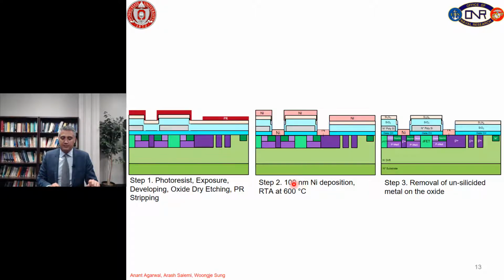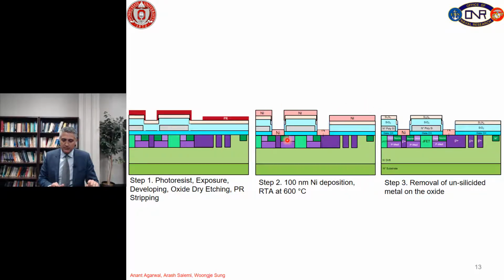After putting the sample in the evaporator, we can deposit 100 nanometer nickel, and then we can use RTA, or rapid thermal annealing, at 600 degrees C. One thing that is so important here is that we are depositing nickel everywhere, right?